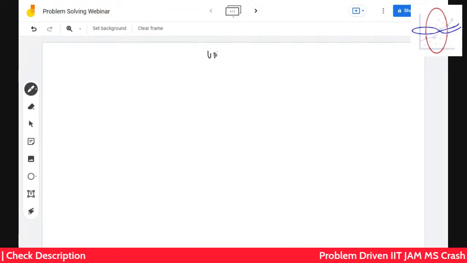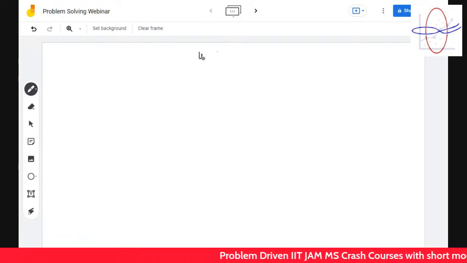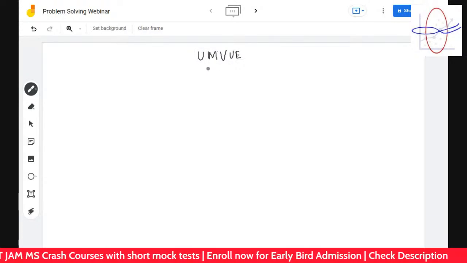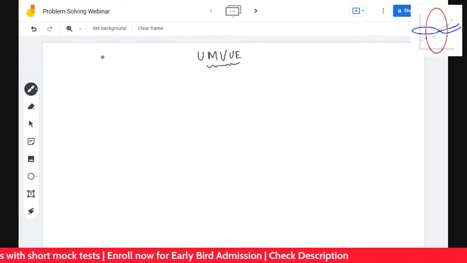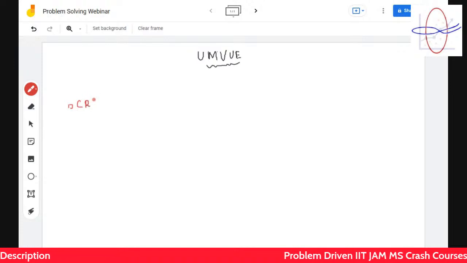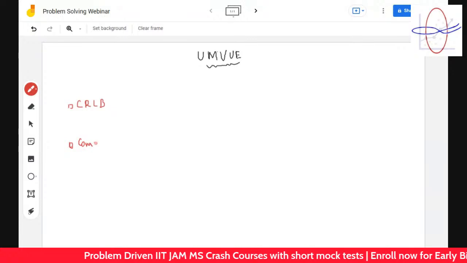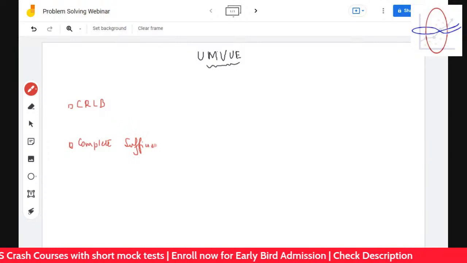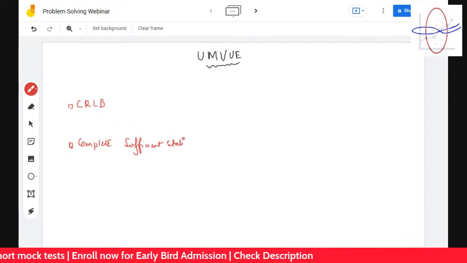The two ways of finding UMVU: the number one way is by using CRLB, right? And the number two method is by complete sufficient statistic, right? So how do we do it?